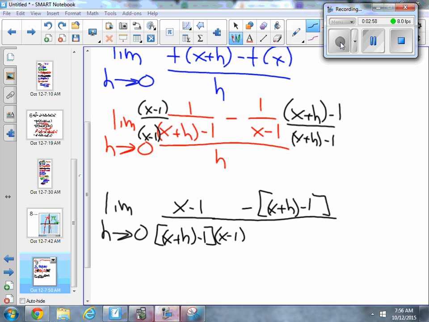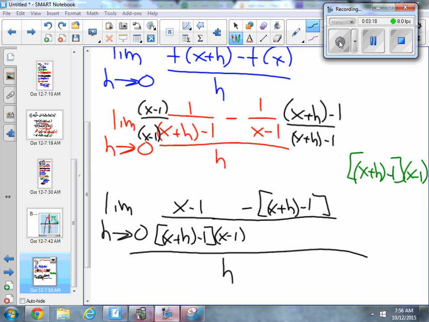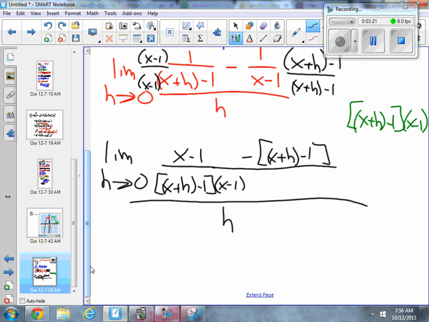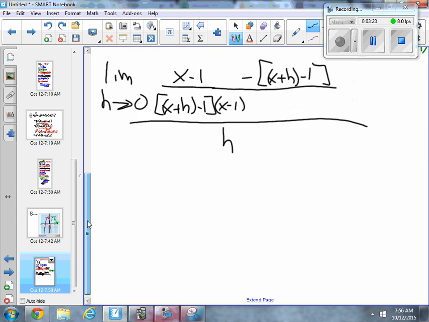Common denominator being x plus h minus 1 times x minus 1. And this is still all divided by h. So it looks kind of ugly, but let's see if we can't simplify it.